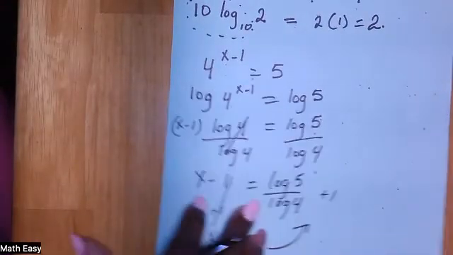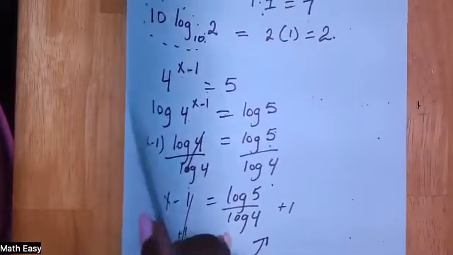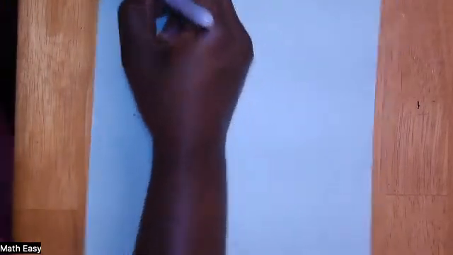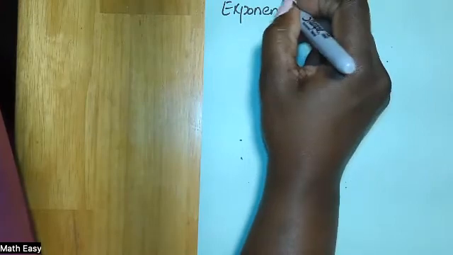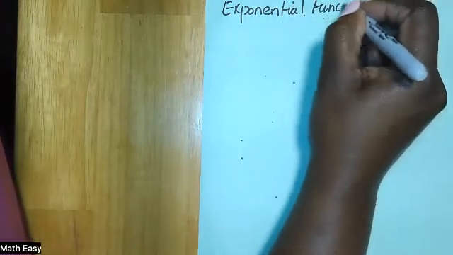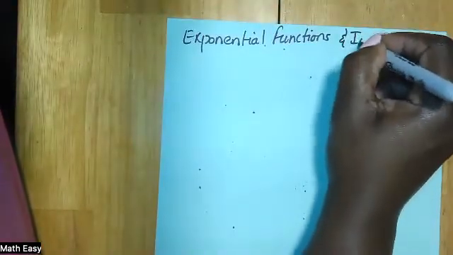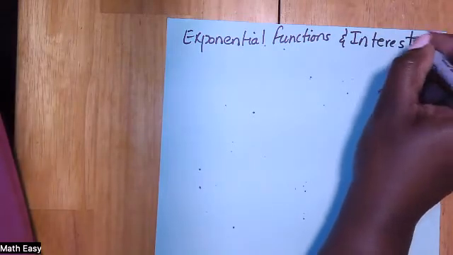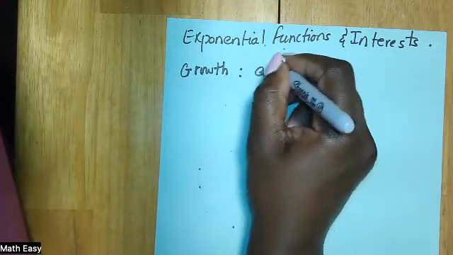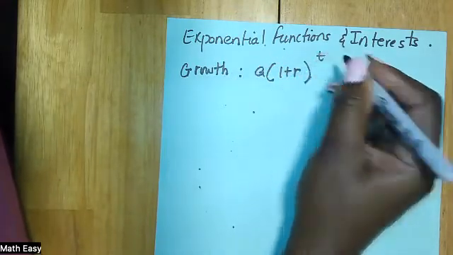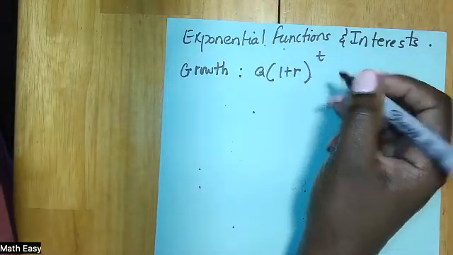Okay. Now, finally, we're going to briefly look at interest, and then in another video, we will do some more practice. So for exponential functions, we have learned that if we have a growth, we will use A times (1 plus r) raised to the power of t.